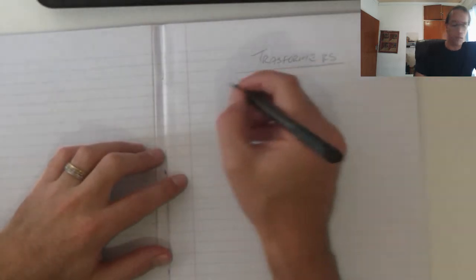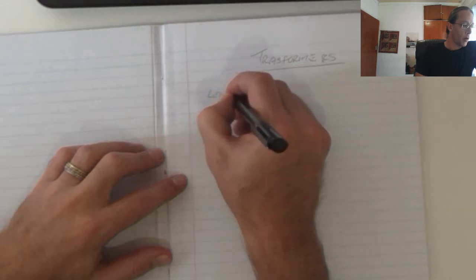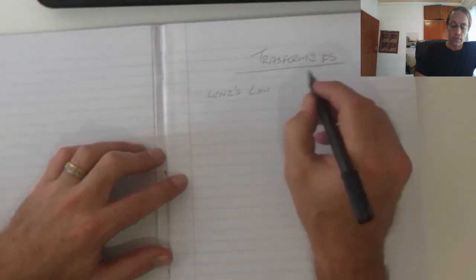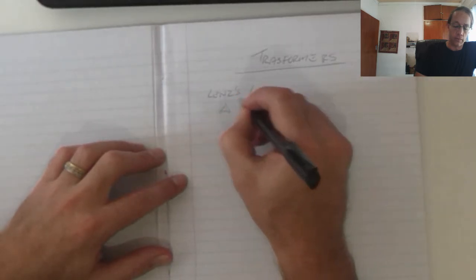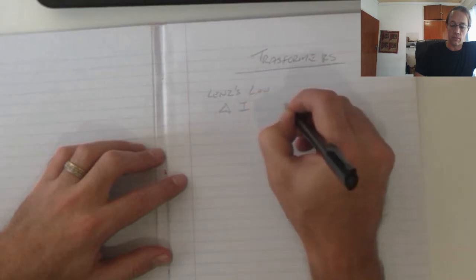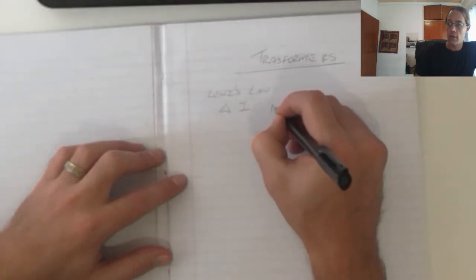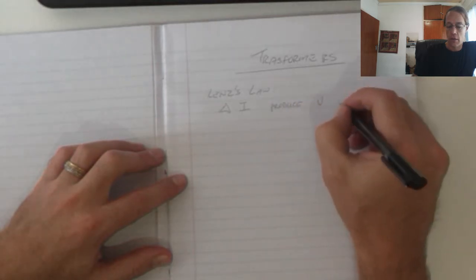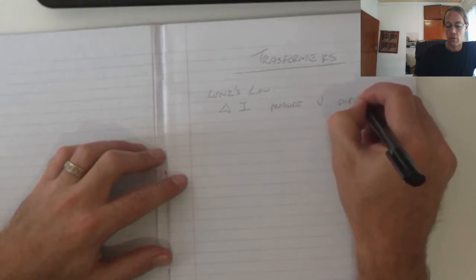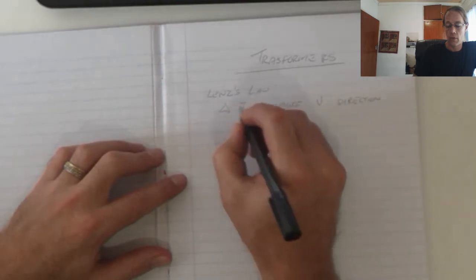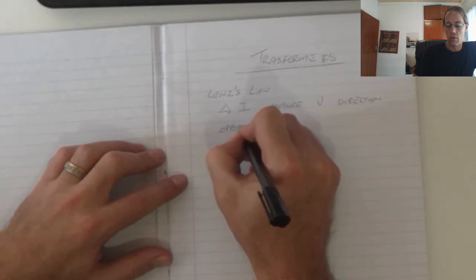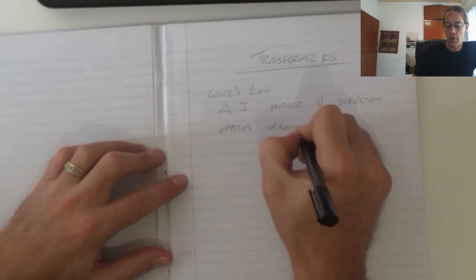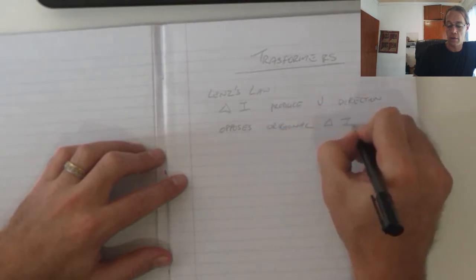Firstly, Lenz's law. Now Lenz states that a change in current will produce a voltage whose direction is such that it opposes the original change in current.